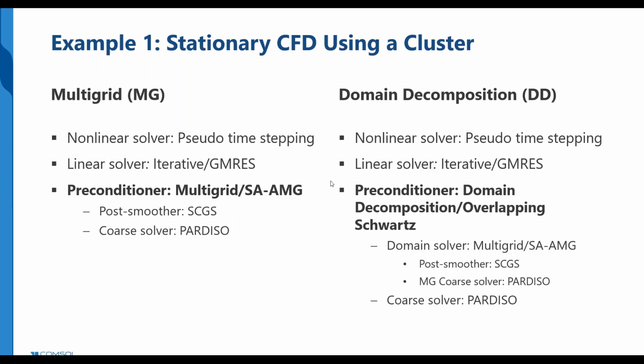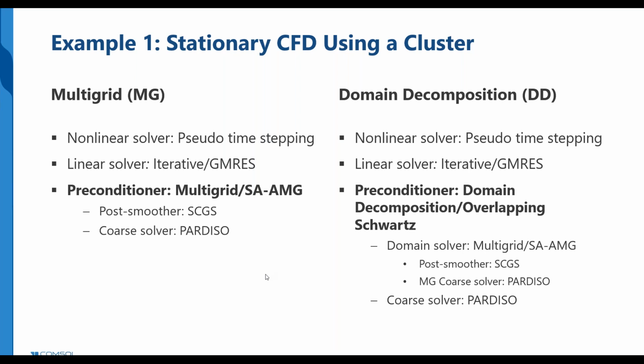So let's go to real examples and benchmarking now. Let's take a look at stationary CFD, which is an important application area, by using a cluster. What can you expect from that? We have two good technologies for that.